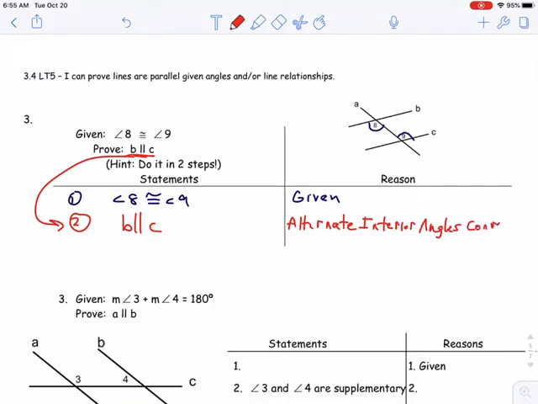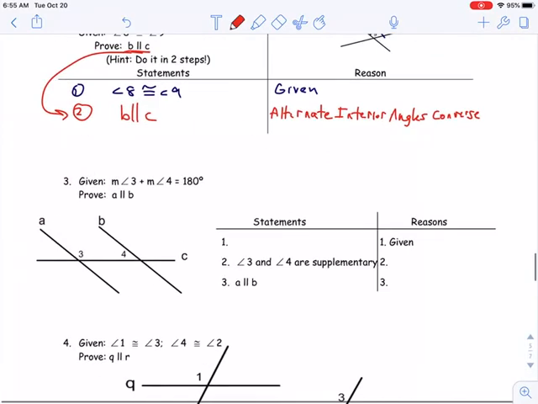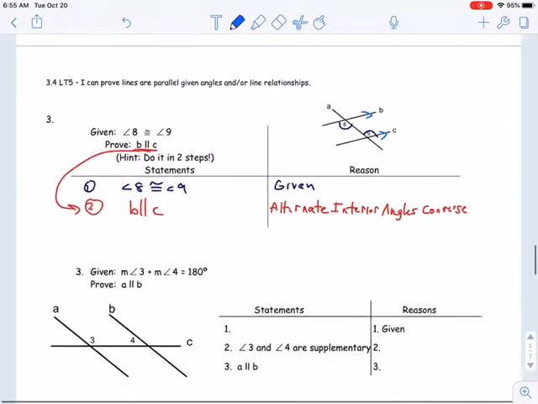All right, proving lines are parallel, so we're going to use the converse. That's it. So that's how we know that those 2 lines would be parallel.